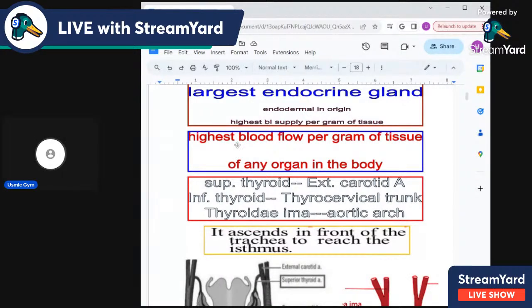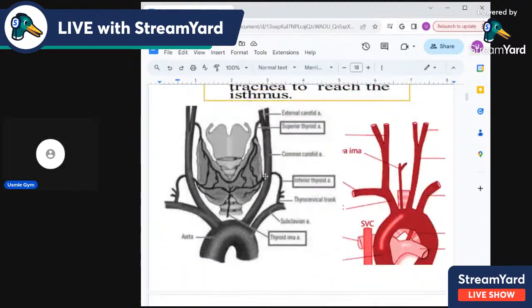So what's the blood supply? Three blood vessels supply the thyroid gland: the superior thyroid, the inferior thyroid, and the thyroidea ima. The superior thyroid is a branch of the external carotid, and the inferior thyroid is a branch of the thyrocervical trunk. The third artery, the thyroidea ima, may have different origins.